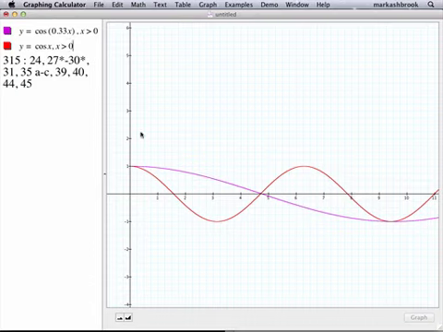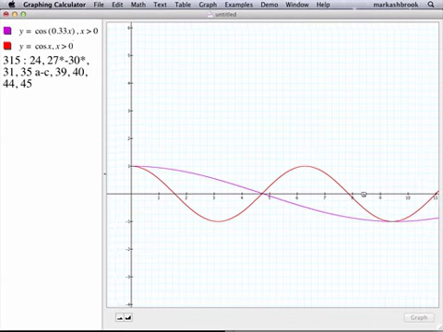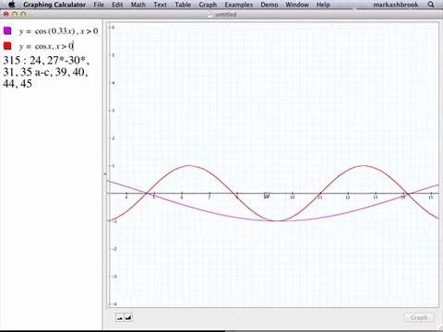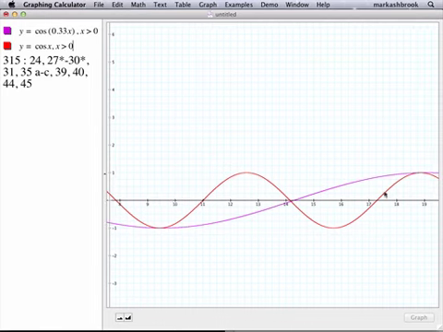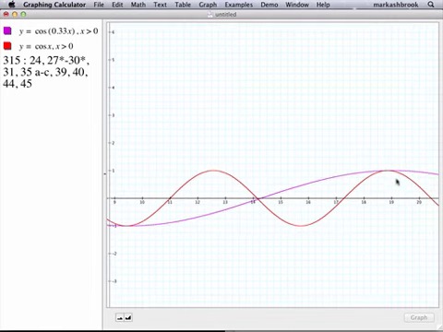So one full rotation on the red graph is at the peak, right here. This represents the full rotation in radians, talking about an input of radians. But now if it's an input of time for that Ferris wheel, one full rotation doesn't occur until 19.04, about here.